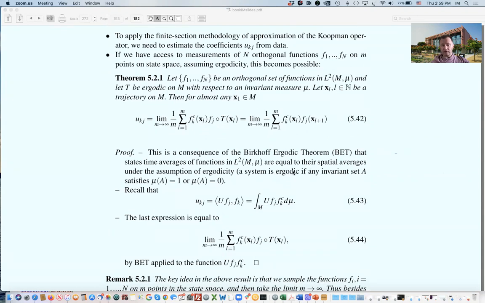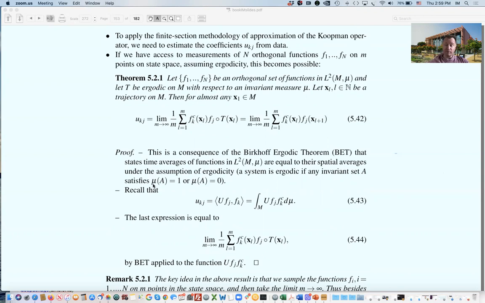The rigorous definition of ergodicity is: a system is ergodic if any invariant set is either of measure 1 or of measure 0 for this measure mu, which is an invariant measure.